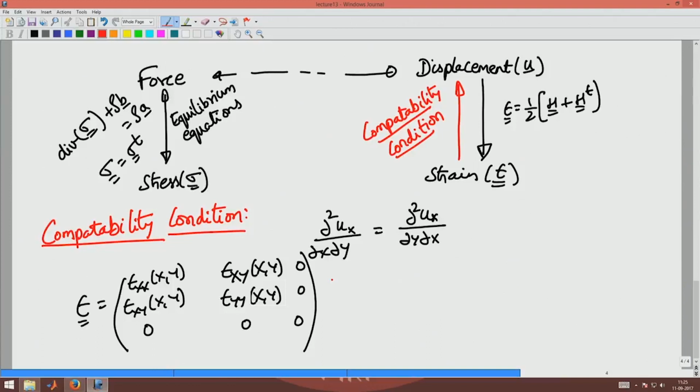This comes from the fact that I have used this relation to compute the strain components in terms of the displacement field. Now, let us take forward these equations.